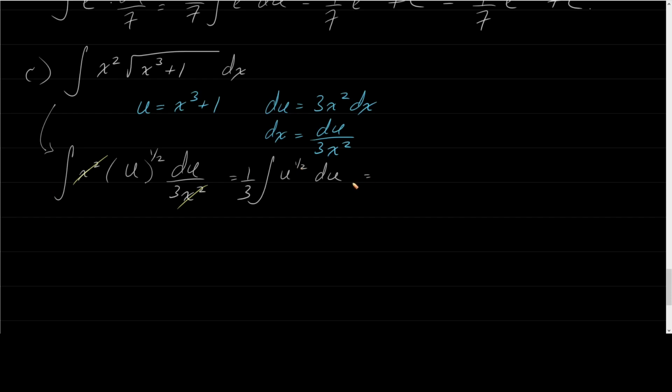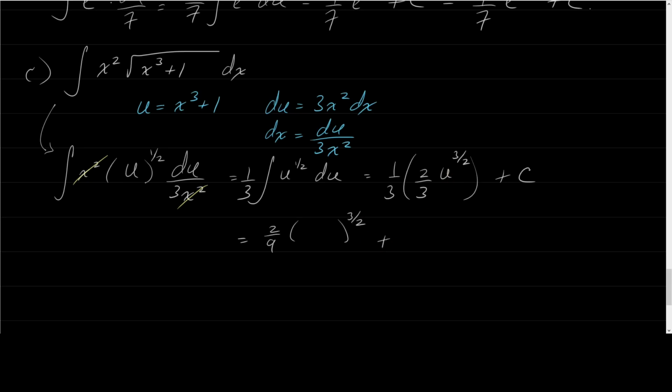So this now becomes, well, add 1 to the exponent. I have 1/3 times u to the 3/2, because 1/2 plus 1 is 3/2. And now divided by the new exponent. Dividing by a fraction is the same as multiplying by its reciprocal. So what I end up with as my final answer is 2/9 times something to the 3/2.